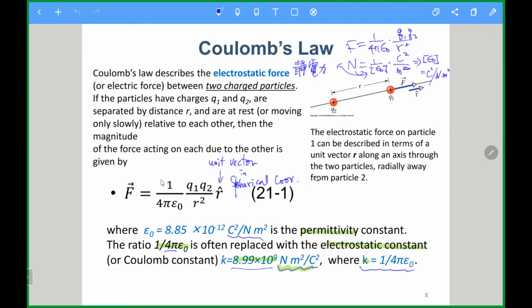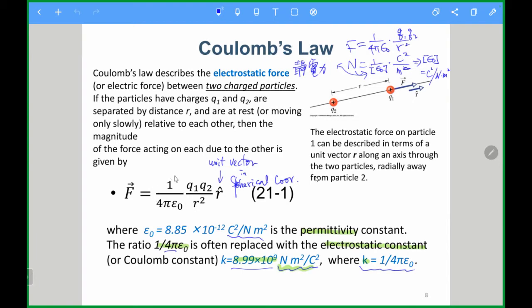The force is proportional to the product of the charge amount of the two charges, and inversely proportional to the square of the distance. This is the magnitude.